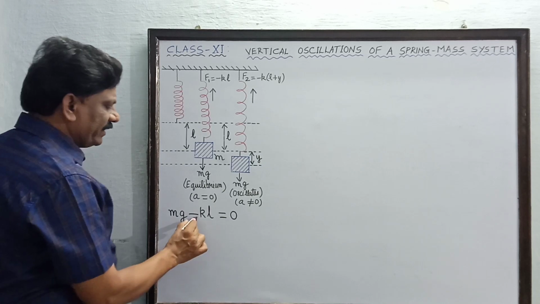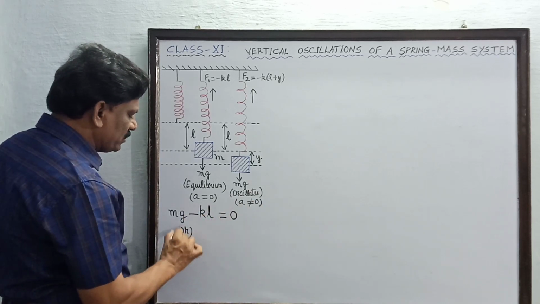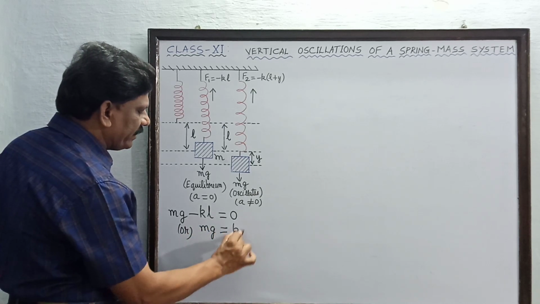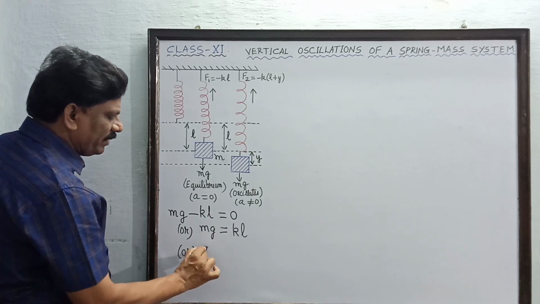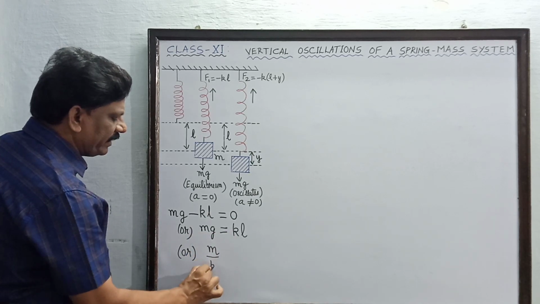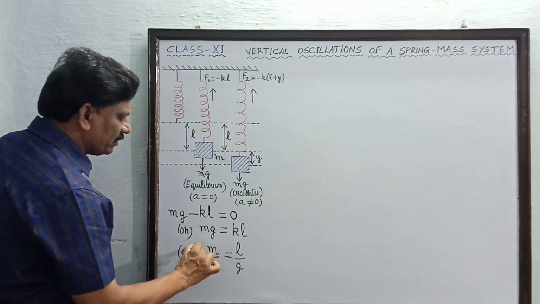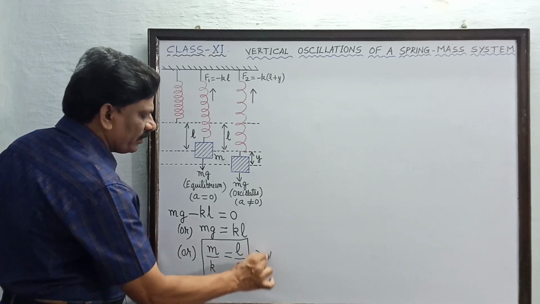So I can shift this minus KL to the right hand side. So I will write mg is equal to KL, or m divided by k is equal to L divided by g. So this is the first equation.